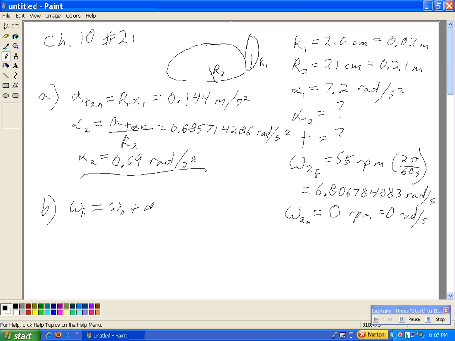Look in my toolbox, compare what I have given, the one thing that's missing. I know the final angular velocity, I know the initial angular velocity, and I now know the angular acceleration, 0.69, or 0.6857. I have to use that whole big one. So, what's the time?